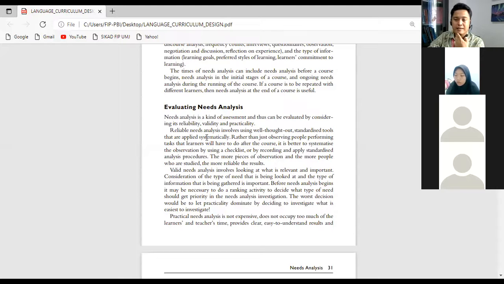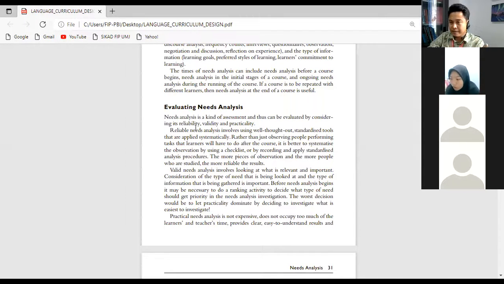Reliable needs analysis involves using well thought out, standardized tools that are applied systematically, rather than just observing people performing tasks that learners will have to do after the course. It is better to systematize the observations by using a checklist or by recording and then applying standardized analysis procedures. The more pieces of observation and the more people who are studied, the more reliable the result.